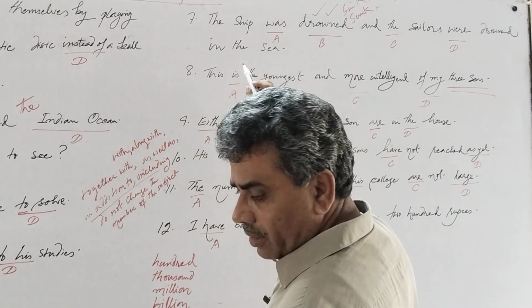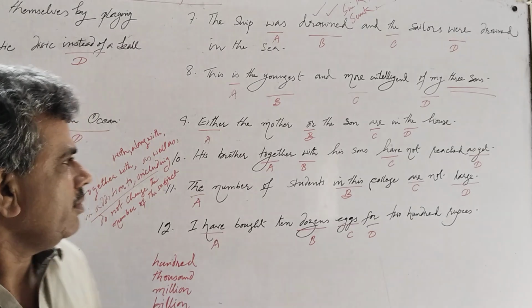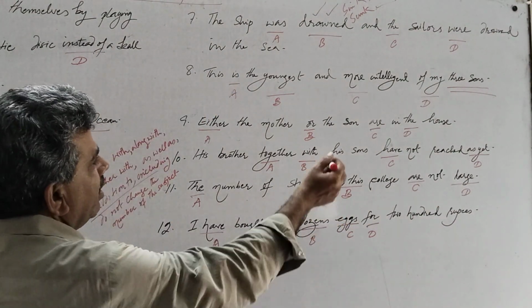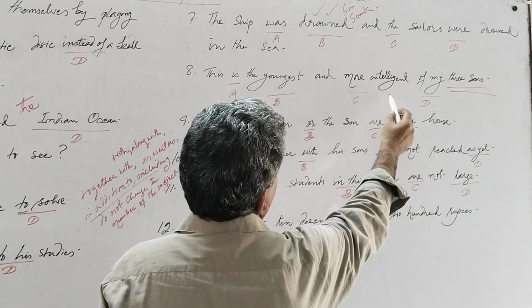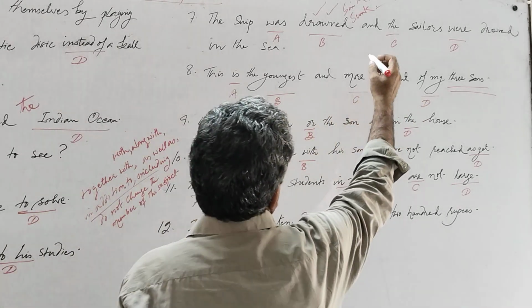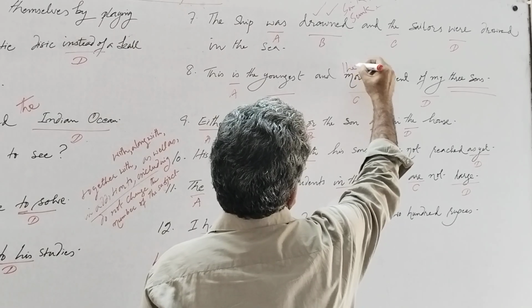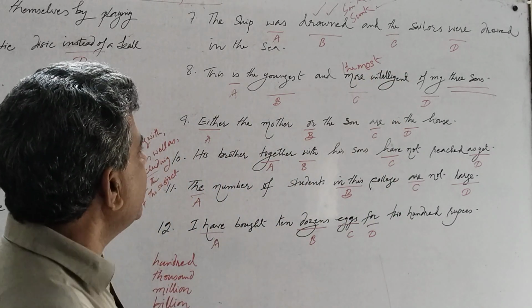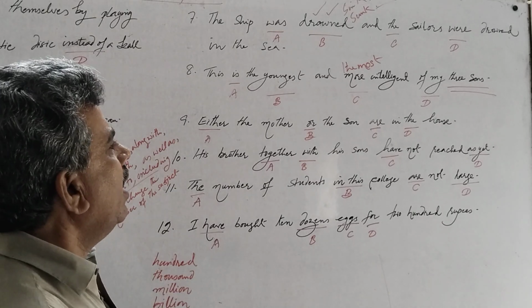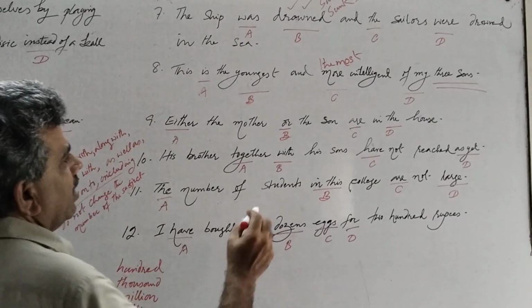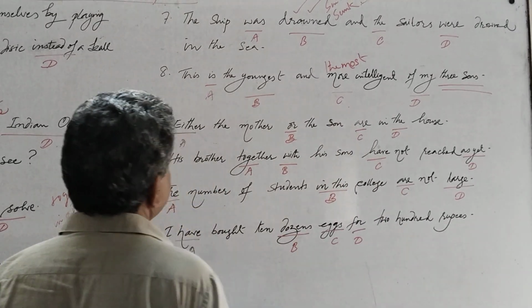So we have the youngest superlative form here, but we don't have superlative form here at intelligent. So we must correct it. Now we should write the most intelligent. So our correct sentence will be, this is the youngest and the most intelligent of my three sons. So error is at point C.